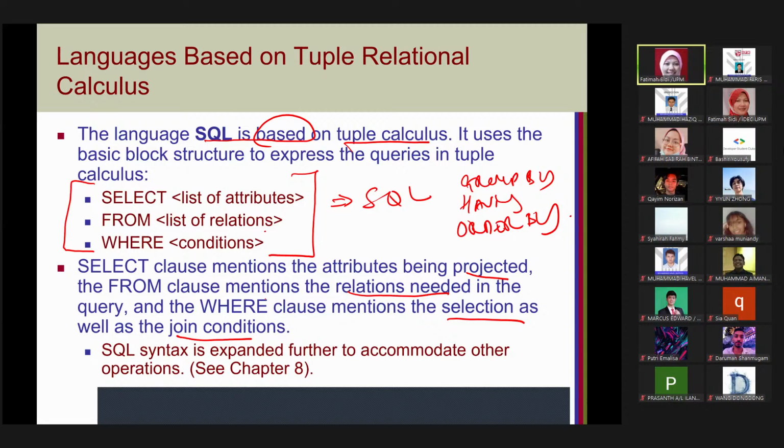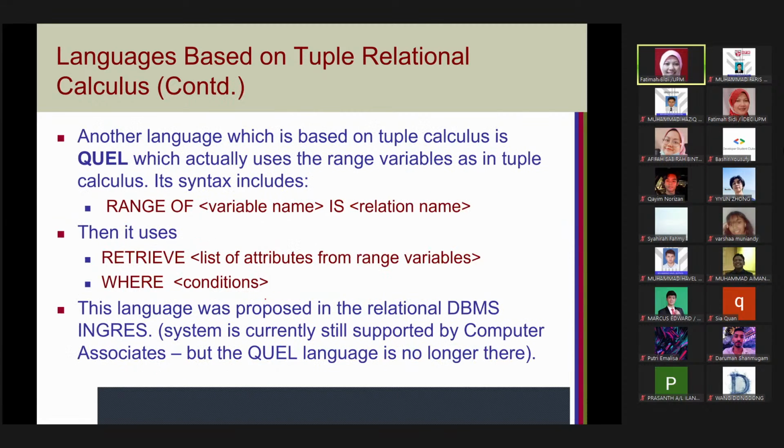Another language which is based on tuple calculus is QUEL, which actually uses range variables as in tuple calculus. Its syntax includes range of variable name is the relation name. This is just an example, but we're not going to focus on it. Then it uses retrieve list of attributes from range variables where condition.